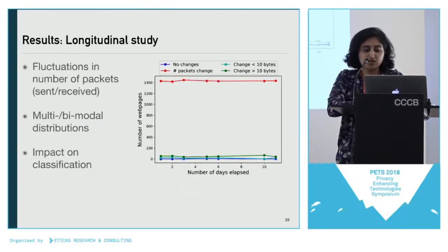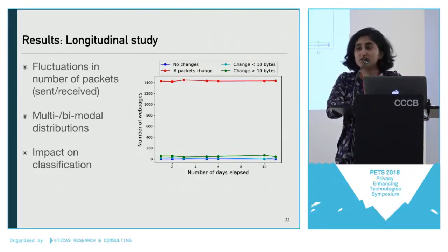We look at the longitudinal study, over about 11 days, and we see there are large fluctuations in the number of packets that are being sent and received, and they follow a multimodal or a binomial distribution. We are studying in more detail how there are variations in the number of packets as well as the size between web pages, as well as how the variations occur for a single web page.